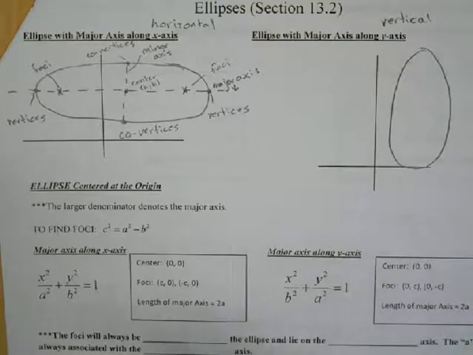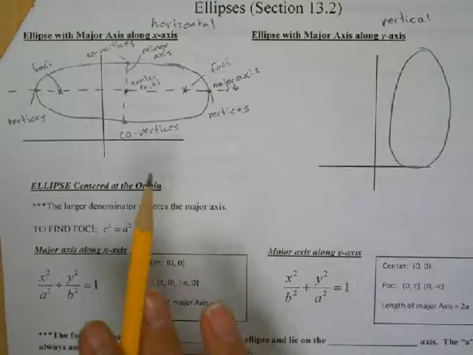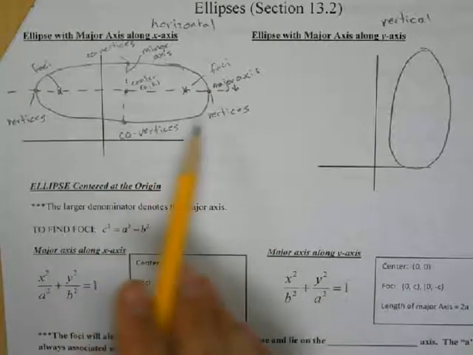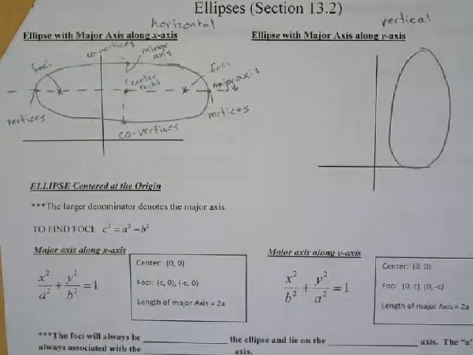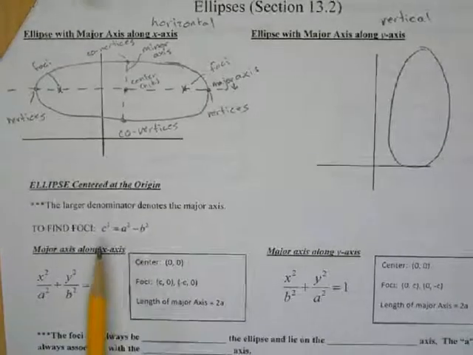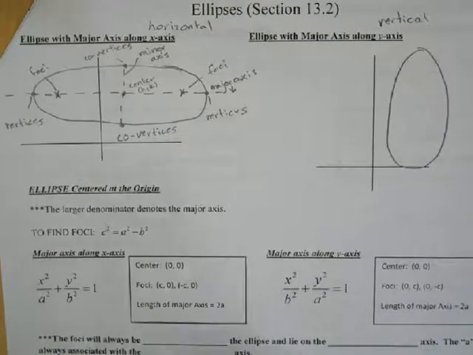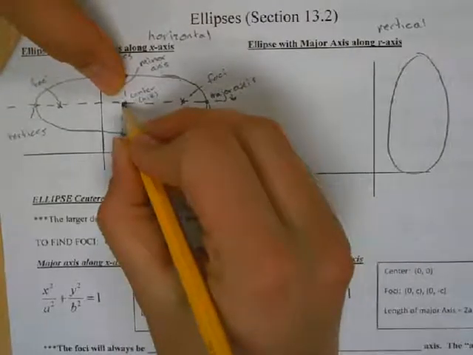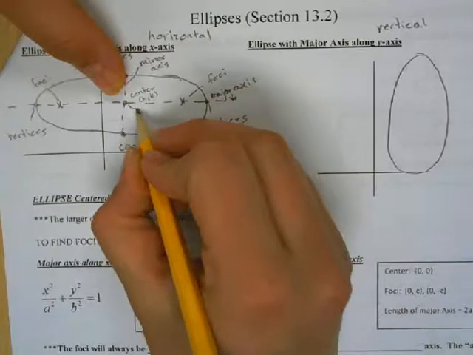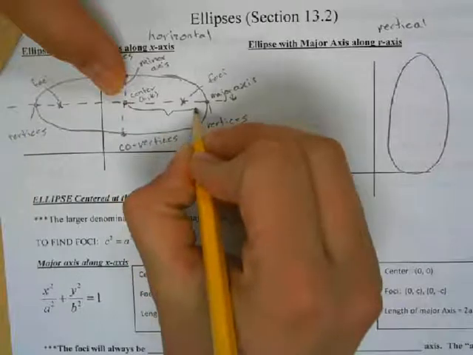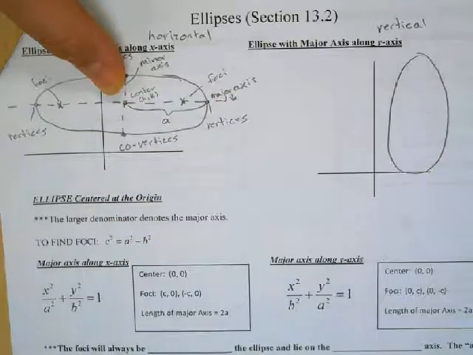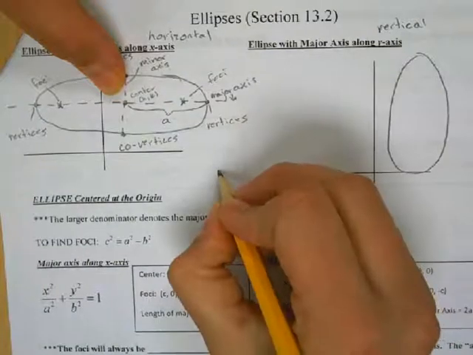But you also have to consider the actual value or the distance of all of these things, because the distance is what we're going to use mathematically. If you see here, I've got a C, an A, and a B. Well, I've got to label those. The distance from the center all the way out to the vertex is A. If you want to make a little list, that's fine.